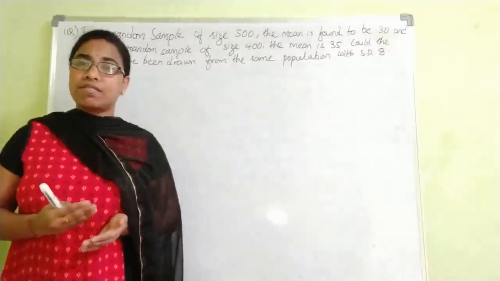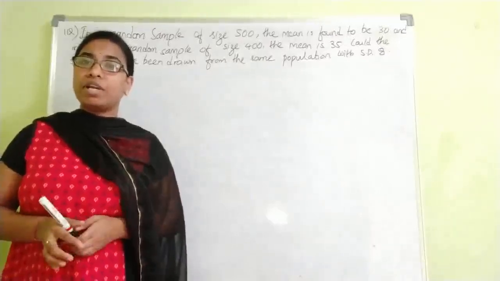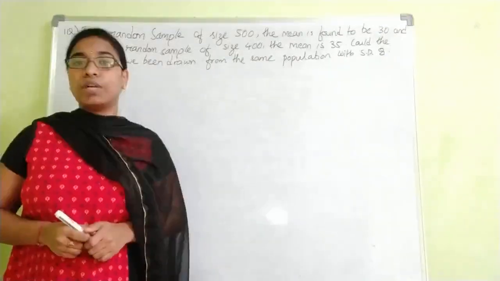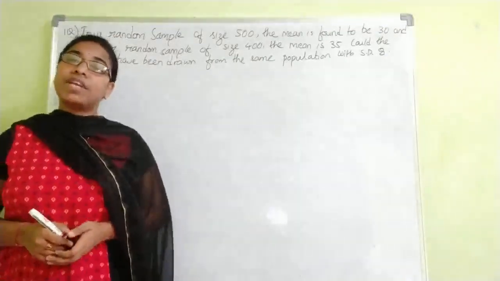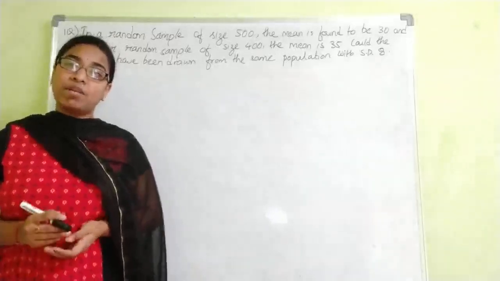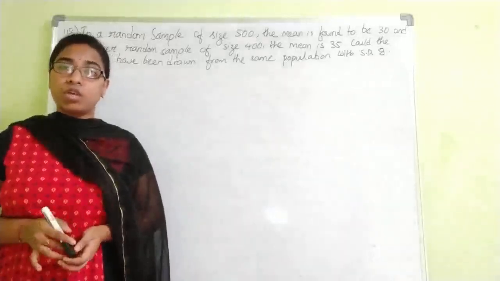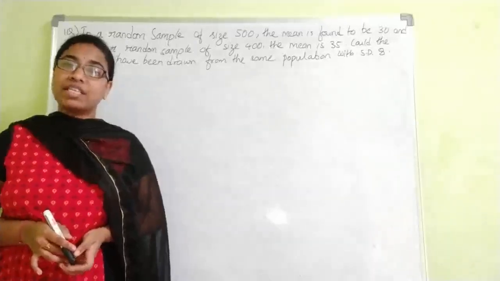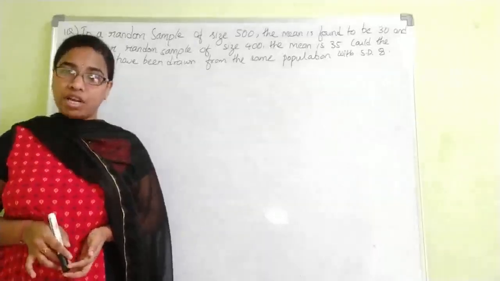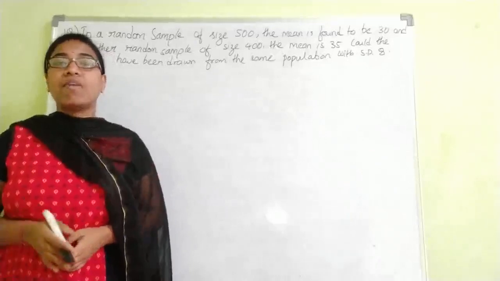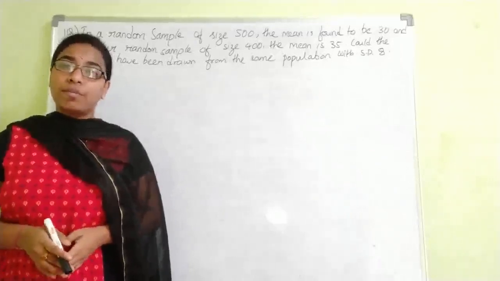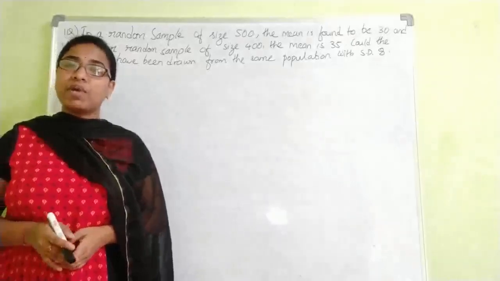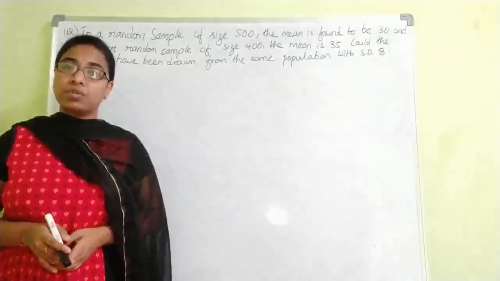If sample values follow the normal distribution, we know sample means also follow the normal distribution, so the first sample mean x bar follows the normal distribution with mean mu1 and variance sigma 1 square by n1, and similarly y bar follows the normal distribution with mean mu2 and variance sigma 2 square by n2.